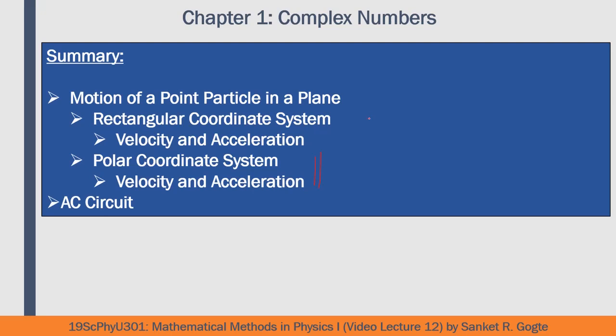Here for the first case we wrote complex number in its rectangular form, whereas for the second application we wrote the complex number in exponential form, such that r into e to the power i theta is the position vector, and e to the power i theta is the radial unit vector, and i into e to the power i theta is the tangential unit vector.